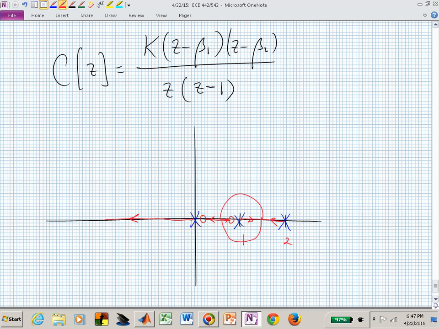Make sure that those two branches get inside the unit circle before that third one goes off to minus infinity. That would be the issue we would have to be concerned with in adjusting the gain K. I'll stop at that point, but I hope it's starting to make some sense in terms of how you place poles and zeros in the PID controller.